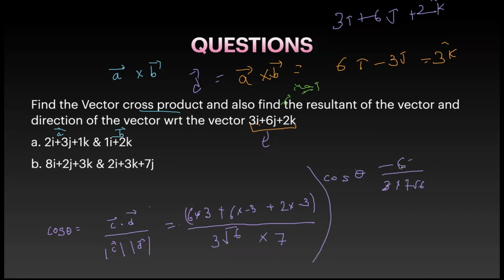So, 2 times. So theta is nothing but cos inverse of minus 2 divided by 7 root 6. This is the answer.